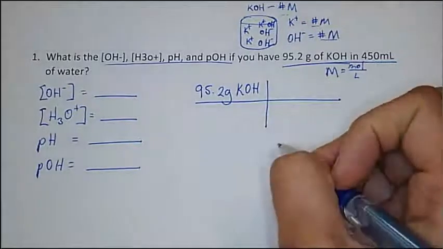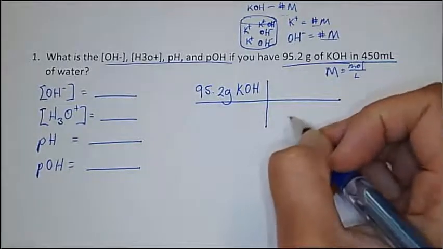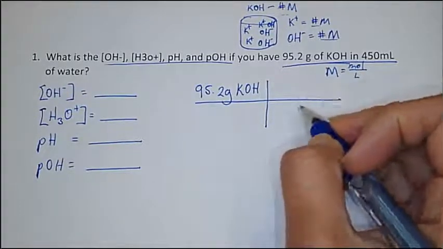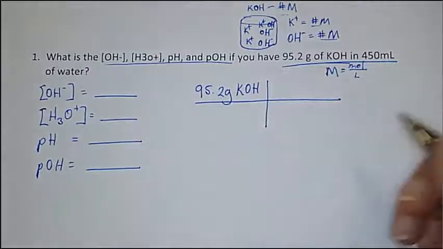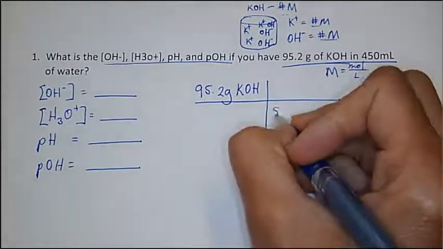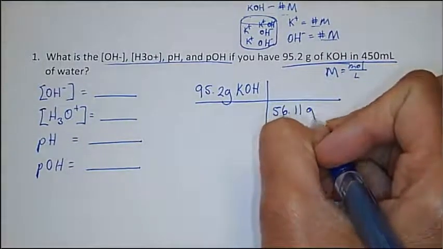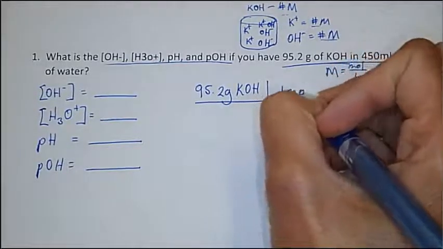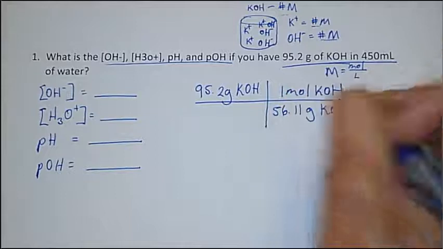So I want to get to the molar mass for my potassium hydroxide, and that is 56.11 grams of potassium hydroxide to every 1 mole of potassium hydroxide.